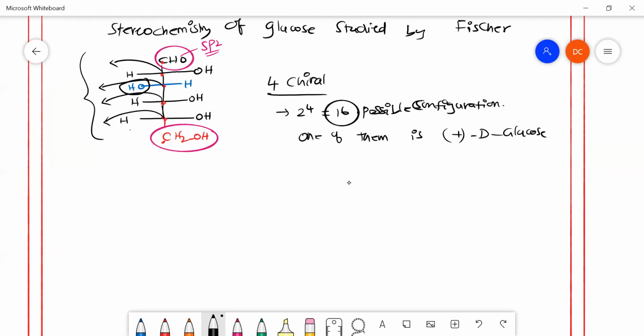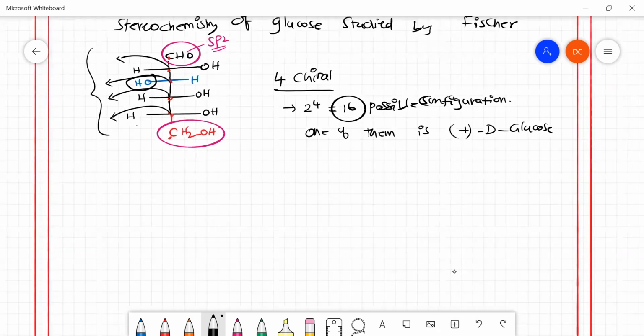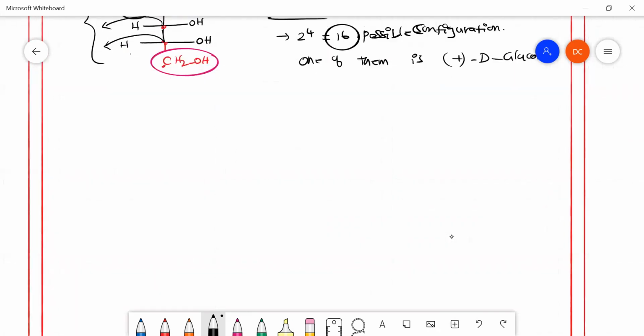How many possibilities do we have? 16 possible configurations are available, out of which we are going to concentrate on only one. That is given in your syllabus. When you go to higher studies, through biochemistry you may study all these topics in much more detail.